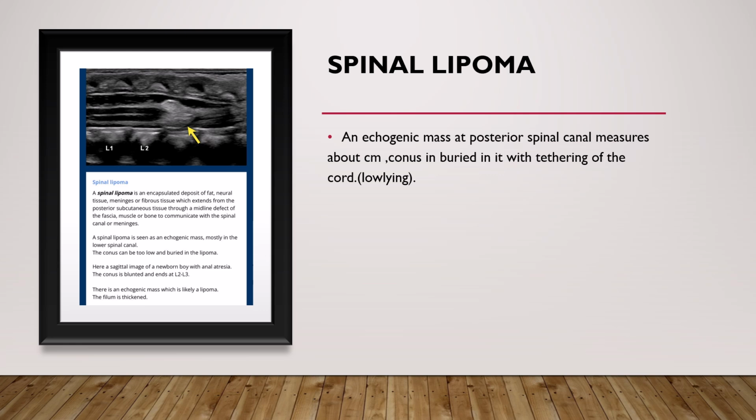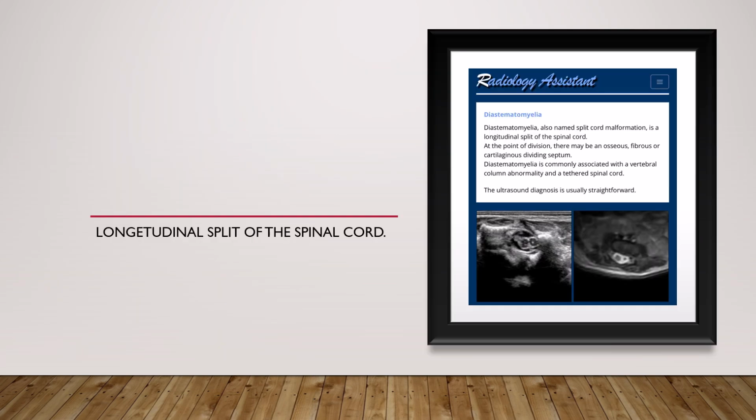The normal spinal cord ends at lumbar 1 vertebra. In this level, the spinal cord ends at L1. If we see the spinal cord is lower, we can call it tethering of the cord or lowering of the cord.